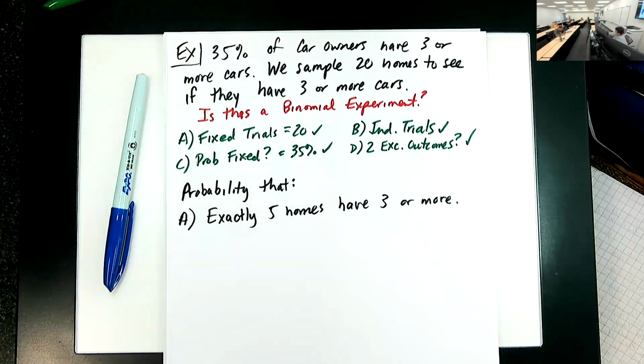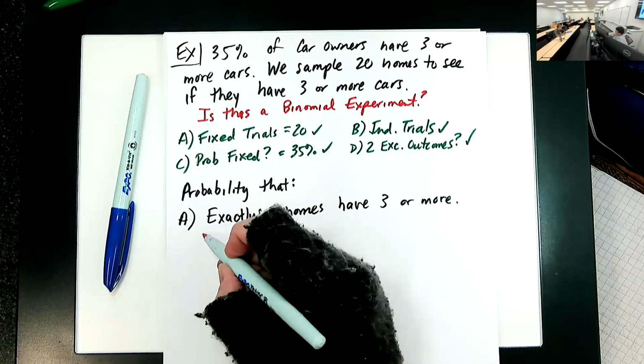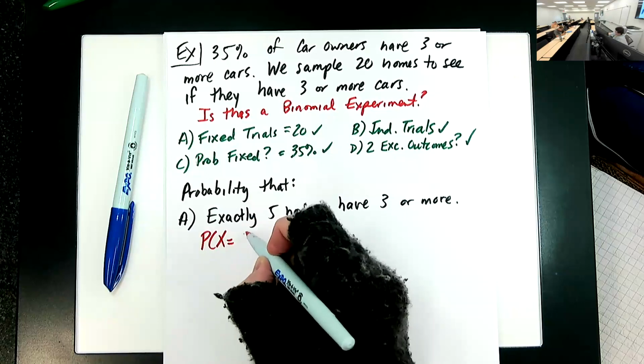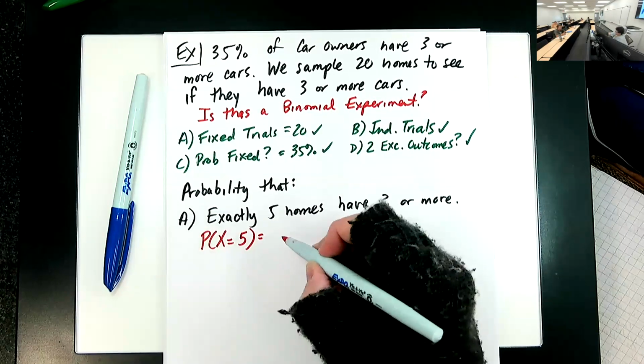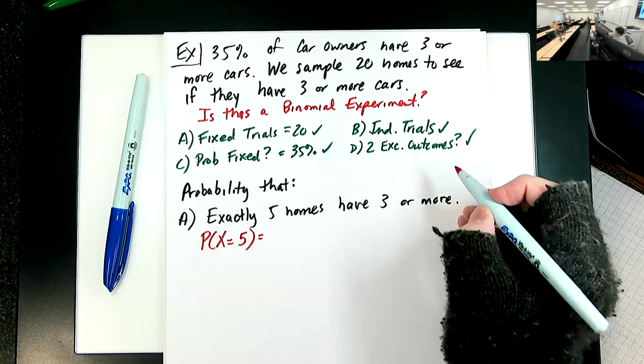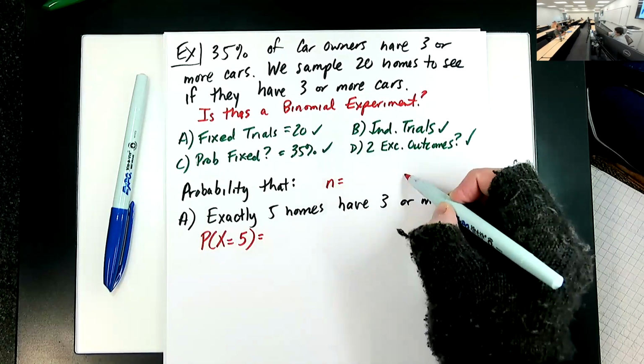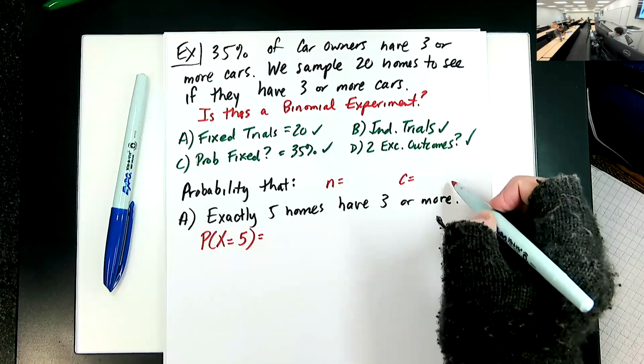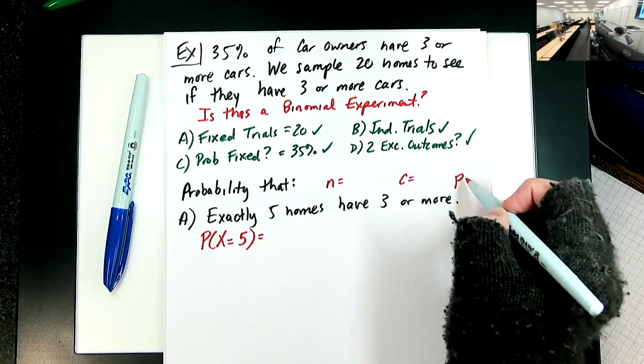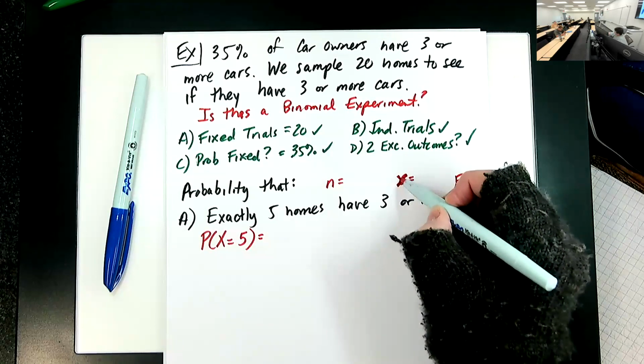Now, if I were to do this by hand, this is the probability that X equals 5. Well, before I continue, maybe we should identify what N, X, and P are.